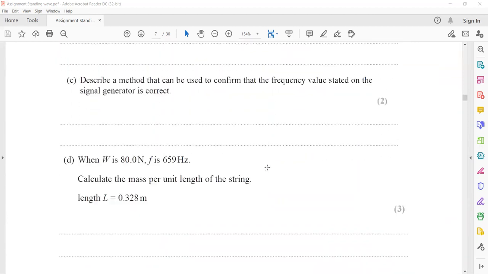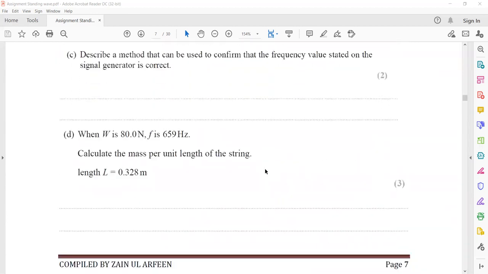Moving on to the next part: describe a method that could be used to confirm that the frequency value stated on the signal generator is correct. So how can we work out that the value mentioned for the signal generator is correct?